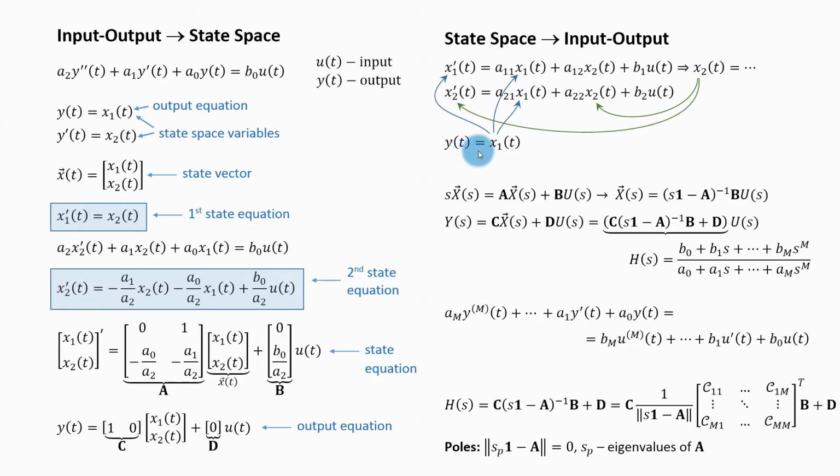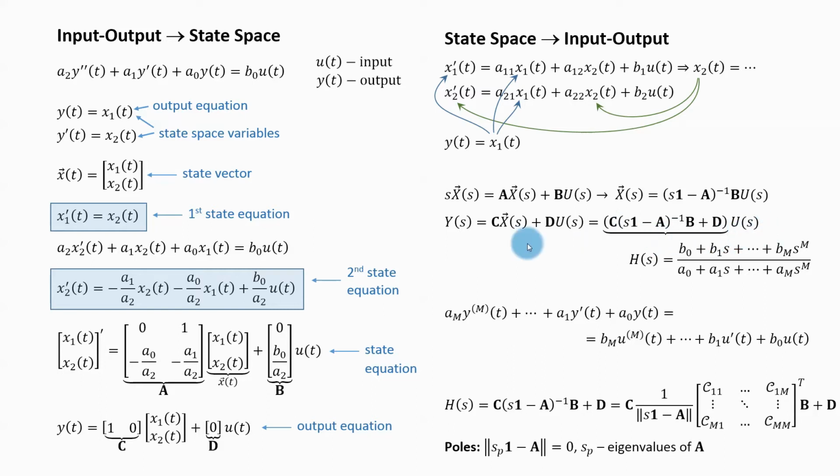When you do not observe one of the state variables directly, the computation in time domain is not so simple, but you can do it in the Laplace domain. This is the state space description of a single input, single output system in the Laplace domain. When you want to get the input-output relationship, you need to express the state vector from the first equation, which is this, and then you need to substitute it into the second equation, which will give you this.